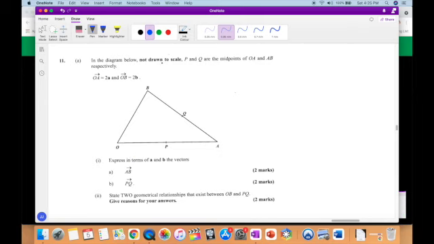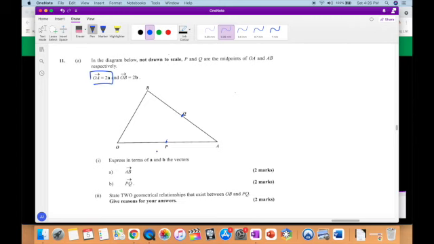So the diagram below, not drawn to scale, P and Q are the midpoints of OA and AB. Okay, that's good. OA is written as the vector 2A.